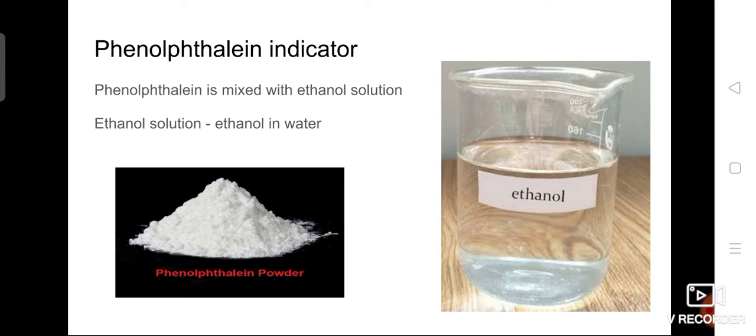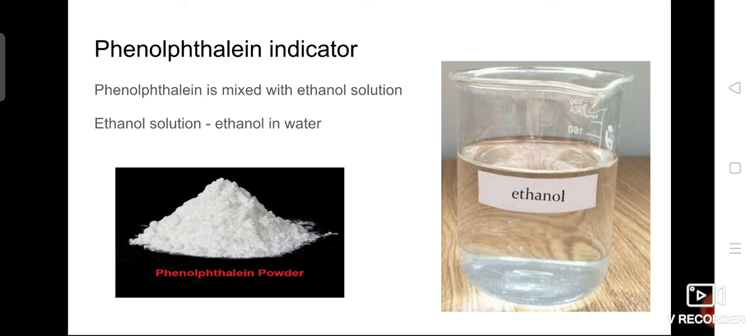Ethanol solution. In previous indicators, we usually mixed with water, isn't it? But here we are going to mix with ethanol solution. For example, 0.5 gram of phenolphthalein powder is enough, and that will be mixed with 15 ml of ethanol solution to prepare a phenolphthalein indicator. First we should know what ethanol solution is.